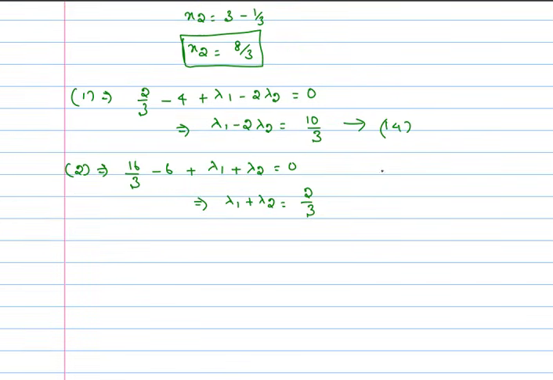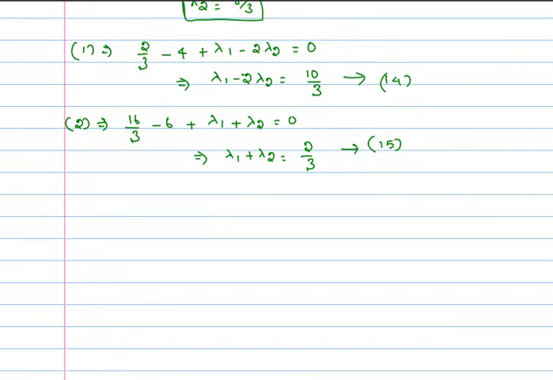This is equation number 15. I will choose 15 minus 14, which implies 3 times lambda 2 equal to minus 8 divided by 3. So lambda 2 is minus 8 over 9.